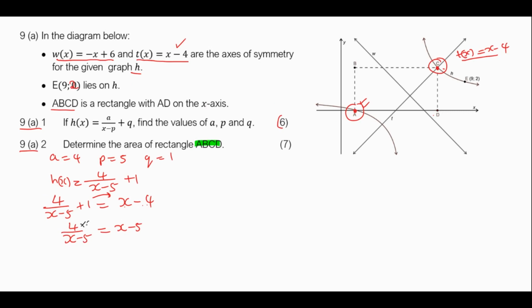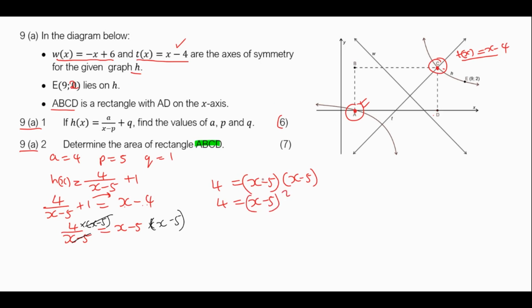Let me just put this in the bracket. Then x minus 5 divided by x minus 5 is 1. We remain with 4 is equal to x minus 5 times x minus 5, which is basically 4 is equal to x minus 5 squared.